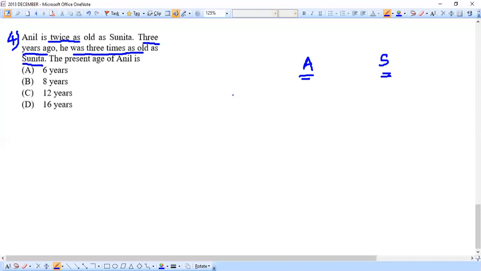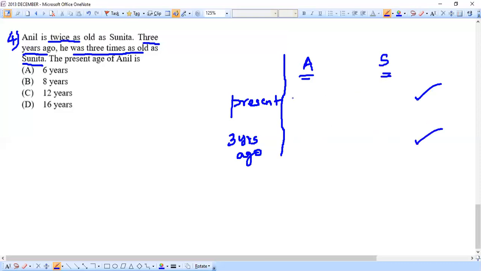They first compare the present ages: at present, Anil's age is twice Sunita's. But for the same 2 people's ages 3 years ago, we need to go to the past. 3 years ago, Anil's age would be 3 times Sunita's. Remember, there are only 2 conditions. One tells about the present situation, the other about 3 years ago.